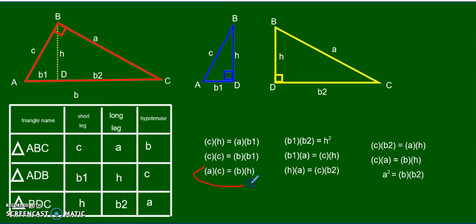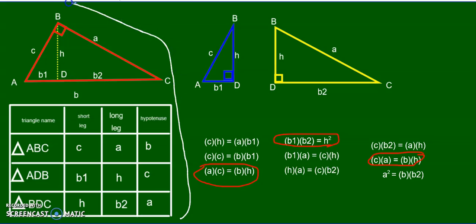Do I have that somewhere? Ah, here. I have that twice. A squared equals B1 times B2. You have all of them here. So really all you need is to have this on your memory aid, and you have all the relationships for you.